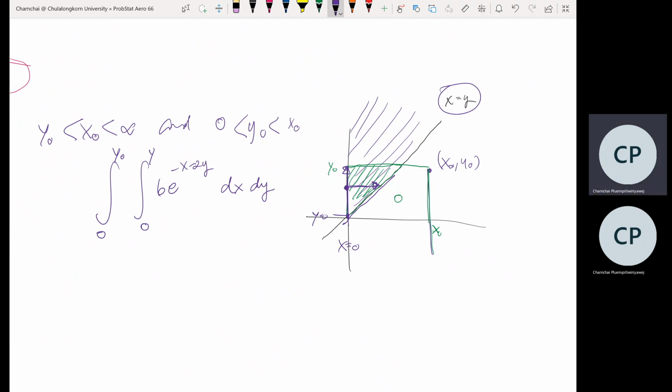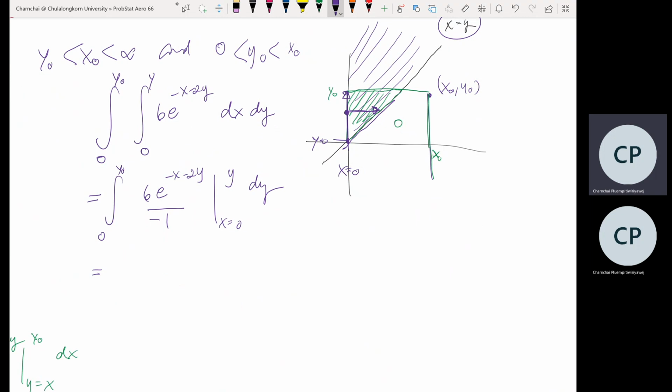Okay, so this is what you have. You need to integrate this area, so if you integrate dx from 0 to y. In this case, what do we have? 0 to y naught of 6e to the negative x minus 2y over negative 1, x from 0 to y, dy.